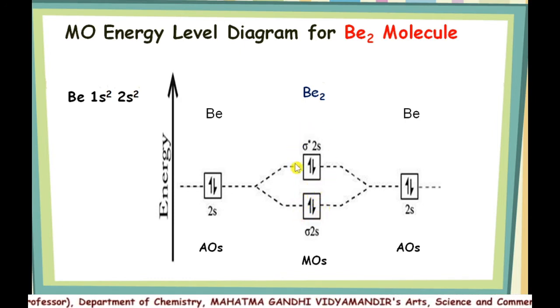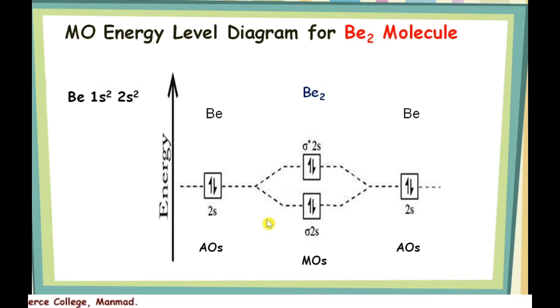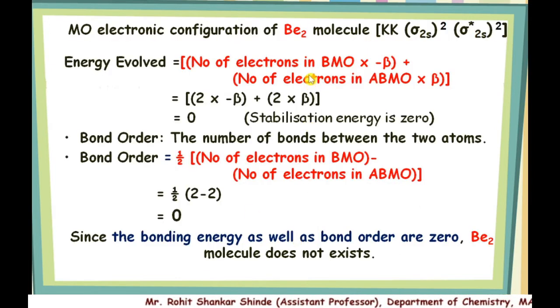The next two electrons occupy the sigma star 2s antibonding molecular orbital, as shown in this diagram. While writing the molecular orbital electronic configuration, for the 1s2 electrons of each beryllium atom, a letter K is written. The configuration is KK, sigma 2s2, sigma star 2s2. Both sigma 2s and sigma star 2s contain two electrons each.